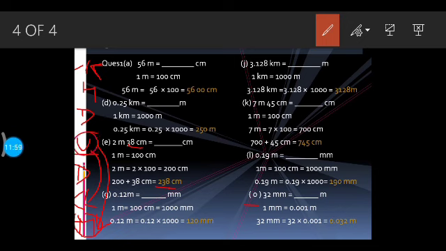So millimeter to meter means this time we have to go in the upward direction, and whenever we go upward we do division because we are converting from smaller to bigger unit, right? And how many times do I have to divide 32? 3 times, by 10. That means I have to divide 32 with 1000 because 3 times I have to move upward in this ladder.